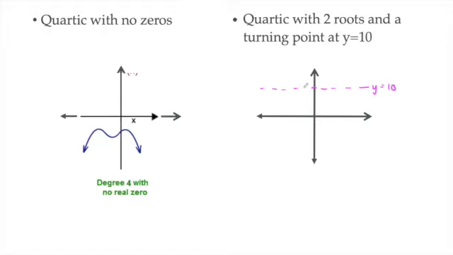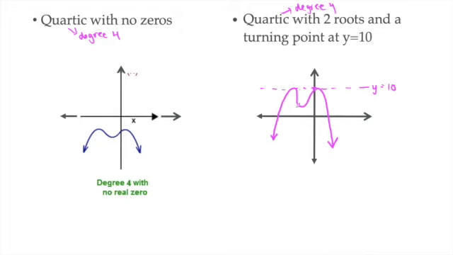Okay, then you need a turning point at y equals 10, so you know it's going to turn there. And we only want 2 roots, but we know we want it pointing down. So let's go here, and then a turning point at y equals 10 because it's quartic and degree 4. Okay, and you know it's degree 4.